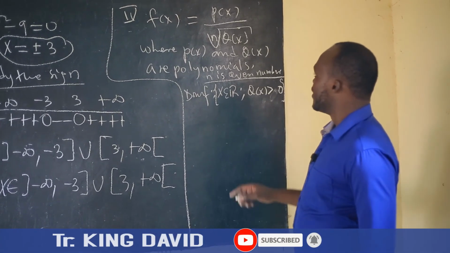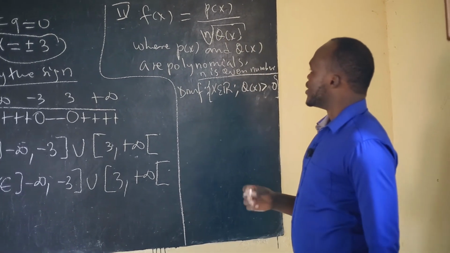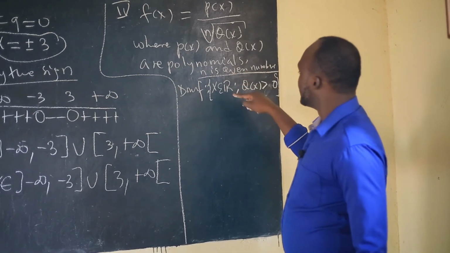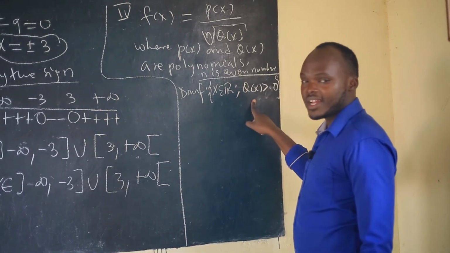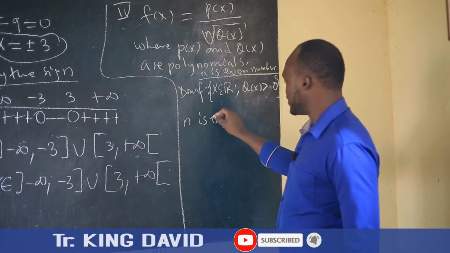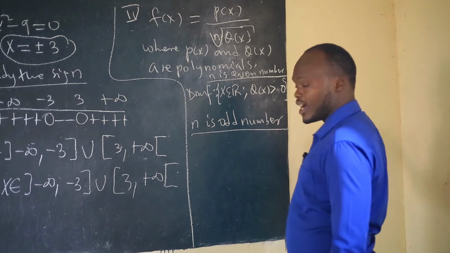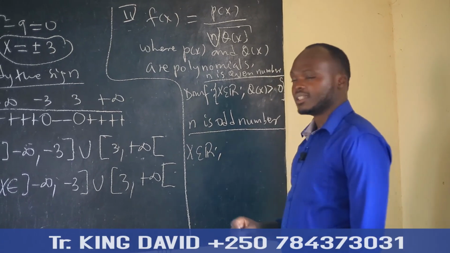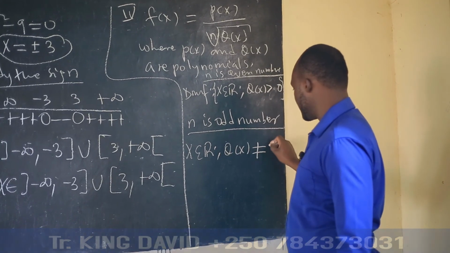So when you have f of x equal to p of x divided by the nth root of q of x, the domain, for n an even number, is x a member of real numbers such that q of x must be greater than 0. Then now, for n an odd number, we say that x is a member of real numbers such that q of x is different from 0.